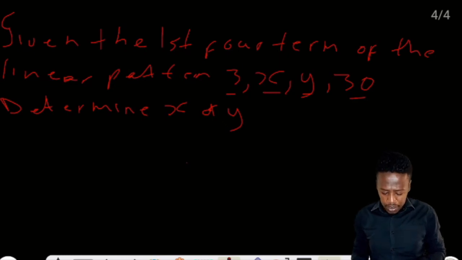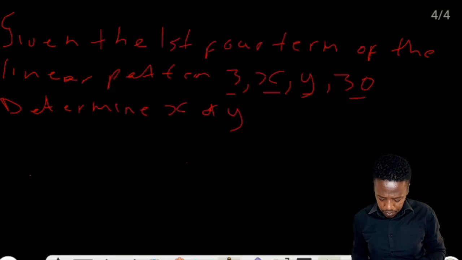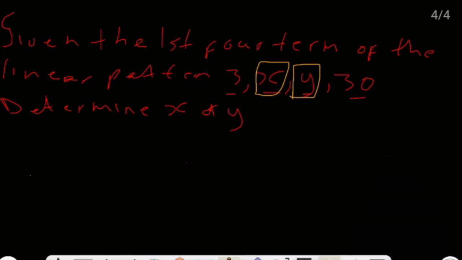Now in this case, we don't know what x and y is, right? Now you can find your x and y by saying, in a linear pattern, what is the first step that I do? It's to try to determine the first difference, right?